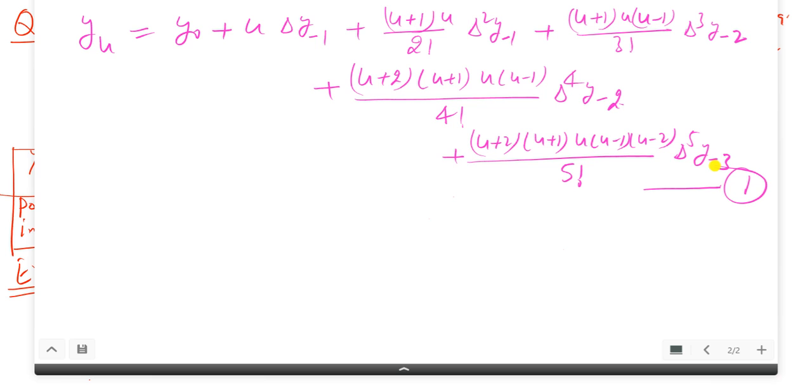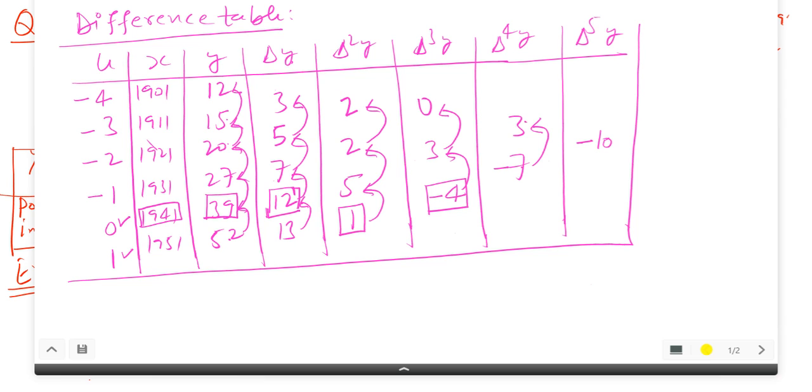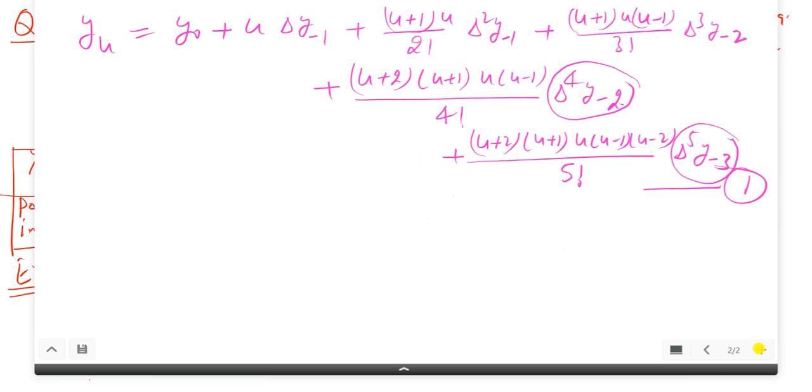Del 4 of y minus 2 and del 5 of y minus 3 are not present, because in this table this is del 4 of y minus 4, this is del 4 of y minus 3, and this is del 5 of y minus 4, as this is the forward difference table. So we take del 4 of y minus 2 and del 5 of y minus 3 at the 0 level.